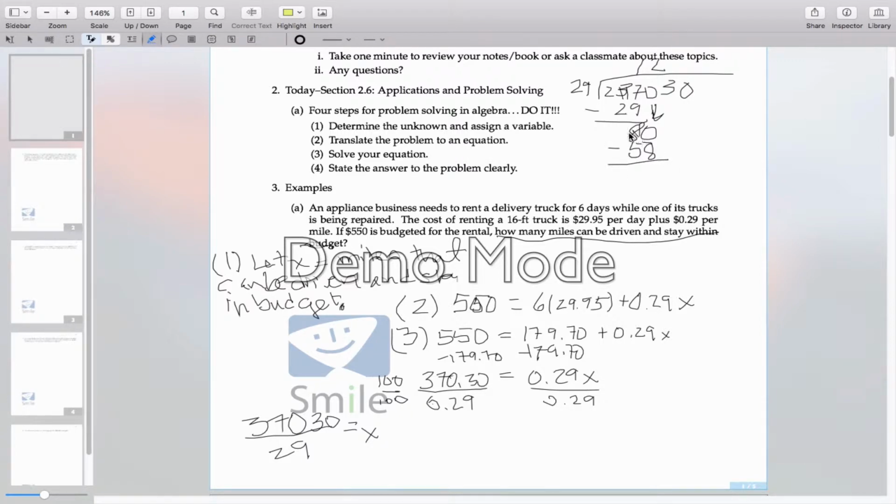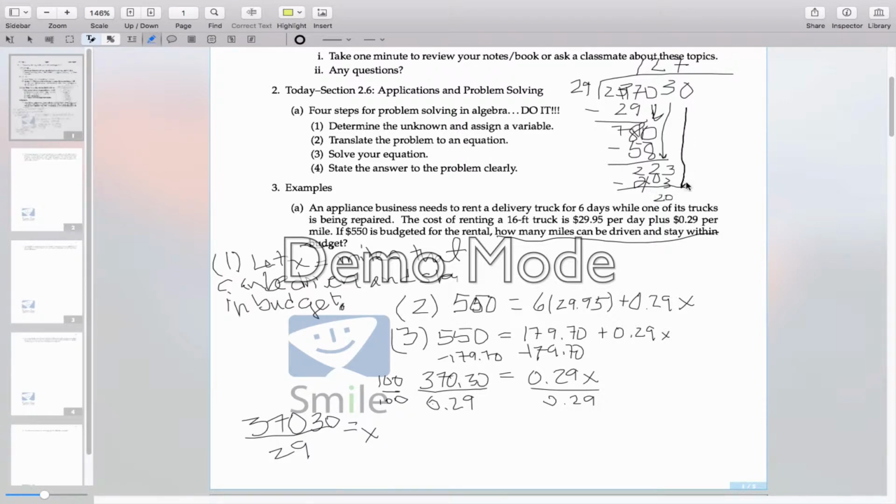Subtract, leaving me with 22. Bring down a 3. 29 times 7 is as close as I'm going to get there, and 29 times 7 is 203. Subtract, and I get 20.